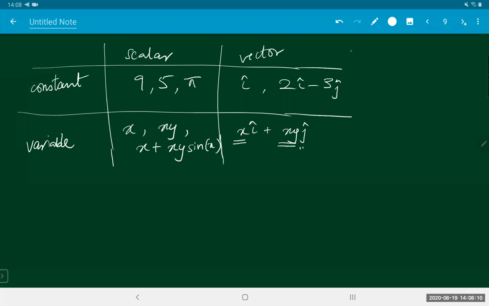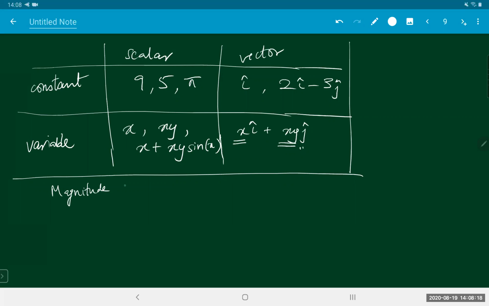For vectors, similarly to what we did for complex numbers, you can define what is called the magnitude or the absolute value or the length of a vector.